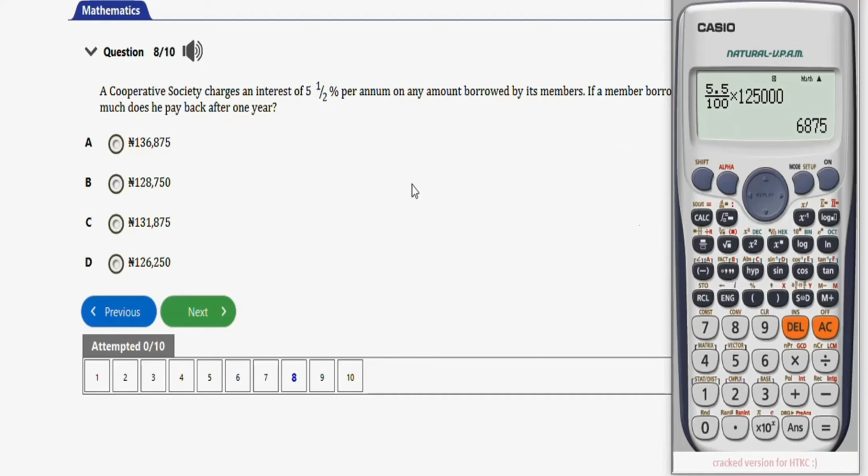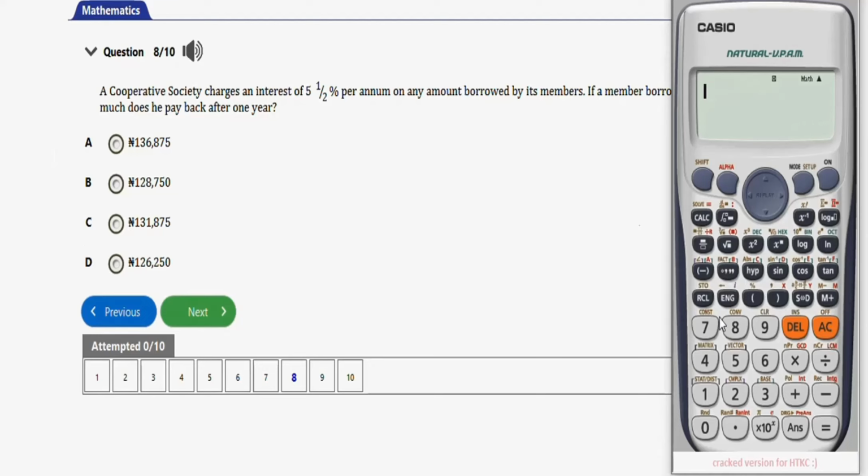So when you add this interest to the money he borrowed, plus 125,000 naira, this will give the total amount to be paid back. So the money he borrowed plus the interest will amount to 131,875 naira. So the right option is option C. So that's for this question.